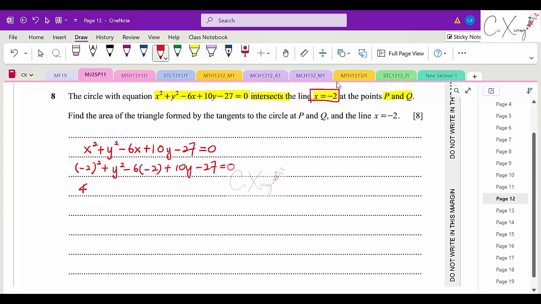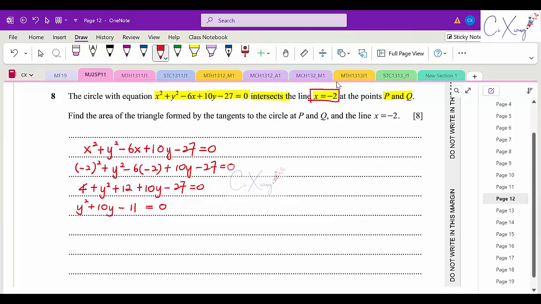Okay, so try to simplify further. And you can see that basically we'll get a quadratic equation in terms of y. So 4 plus 12 is 16, minus 27, you have negative 11.